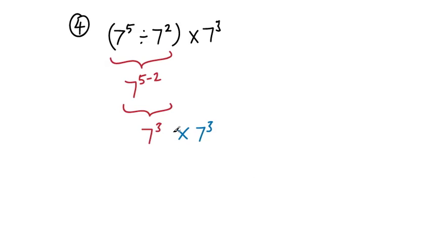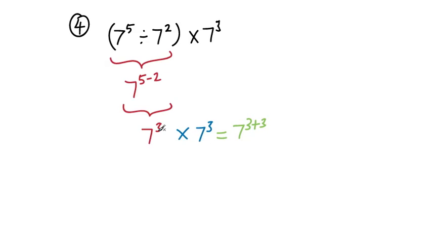So 7 to the 3rd power times 7 to the 3rd power, this is the multiplication law of exponents. And so in this case, we need to add the exponents. So we have 7 to the 3 plus 3. And we can only use this law because we have the same base. Here the 7 and a 7, those are our bases.